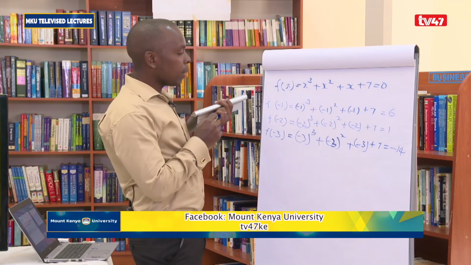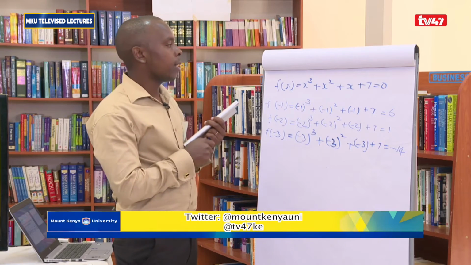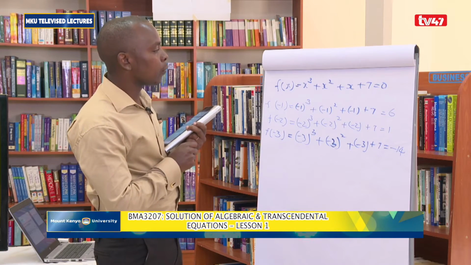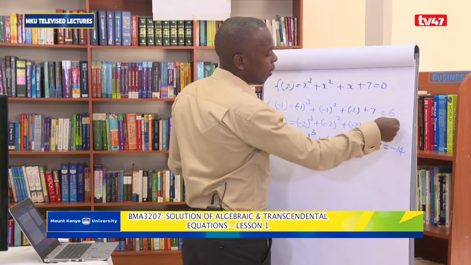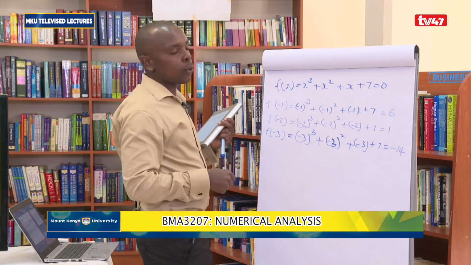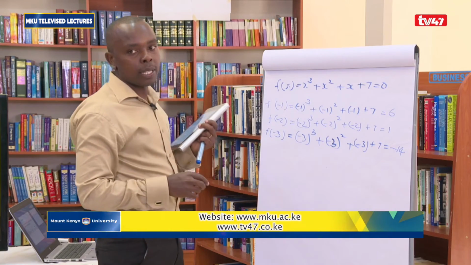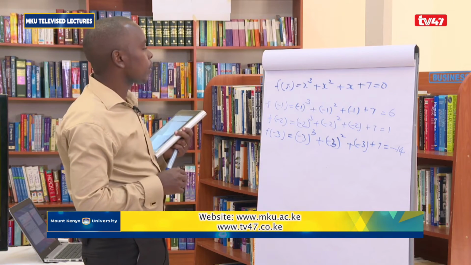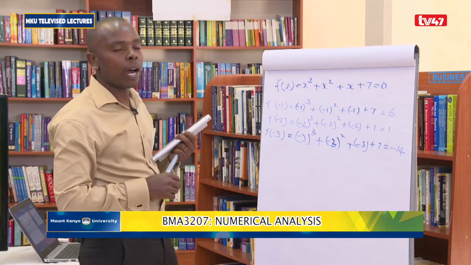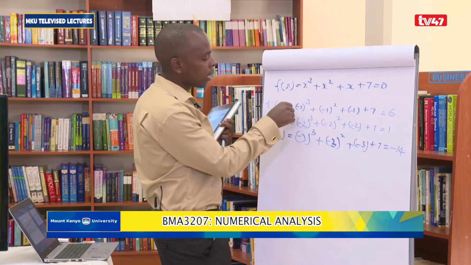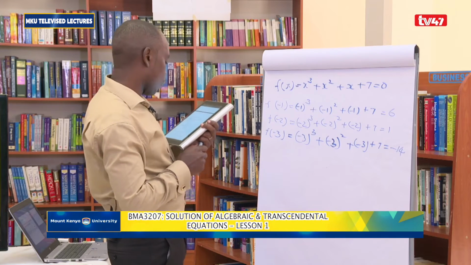There is something I want you to note: with the bisection method, the rate of convergence will depend on the initial values that you guess. When the values that you guess are very close to the root, then the convergence may tend to be slow, as compared to when you are dealing with values that are far from the root.